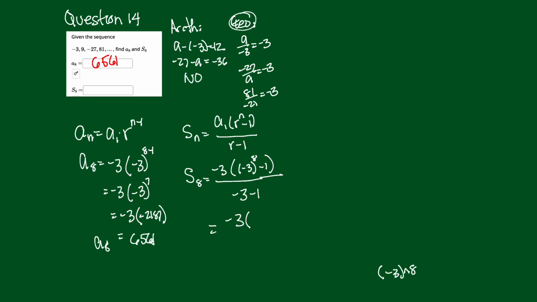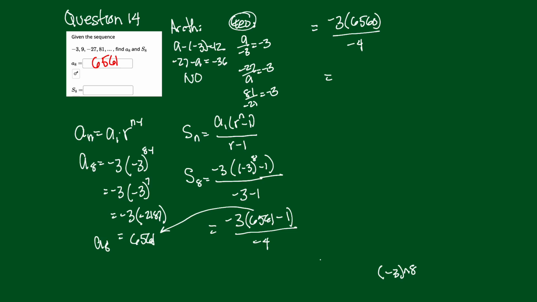All right, so when I did that, I got 6561. That's actually what we got from the last problem. And then minus 1, all over negative 4. Now I'll do it top right here. This will give us negative 3 times 6560, over negative 4.